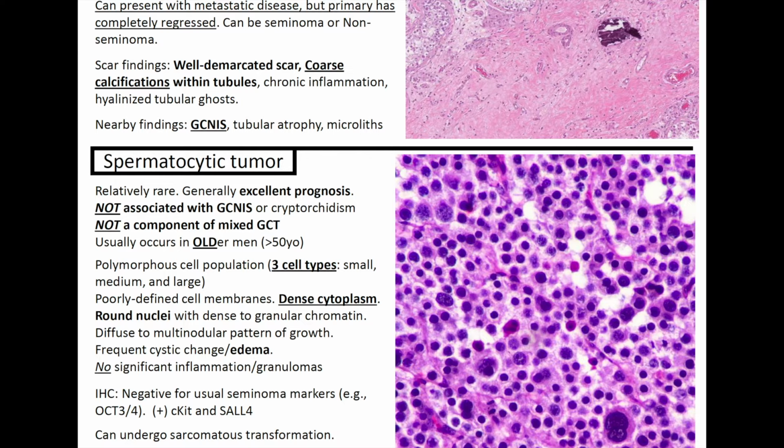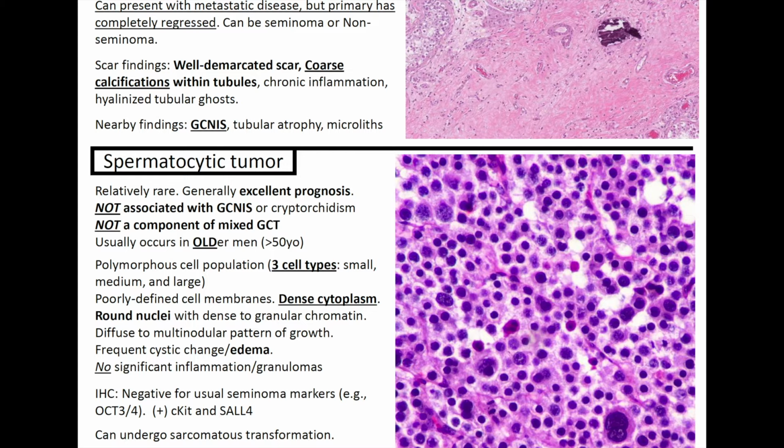They usually occur in older men over 50 and have a polymorphous cell population, so 3 cell types, small, medium, and large, poorly defined cell membranes, dense cytoplasm, round nuclei with dense to granular chromatin, and diffuse to multinodular pattern of growth. There's a frequent cystic change or edema that may occur, and there's no significant inflammation or granulomas.